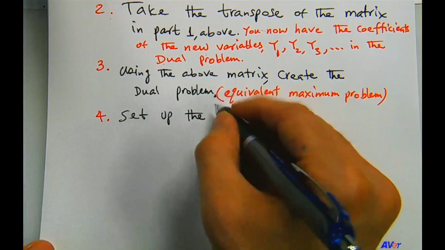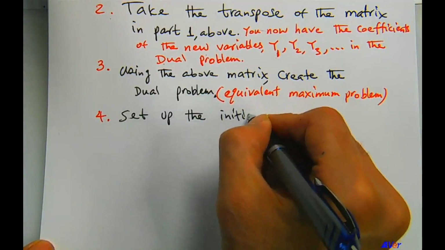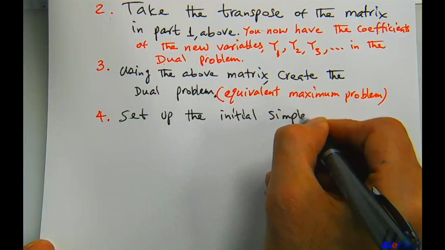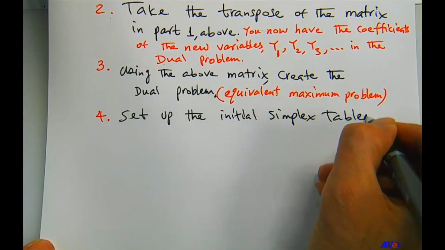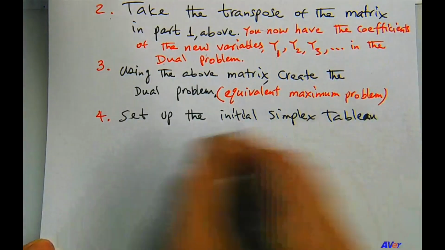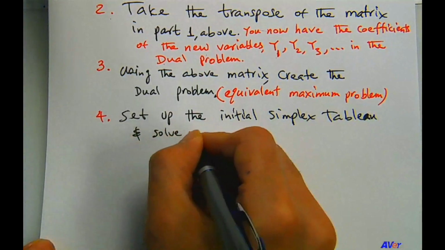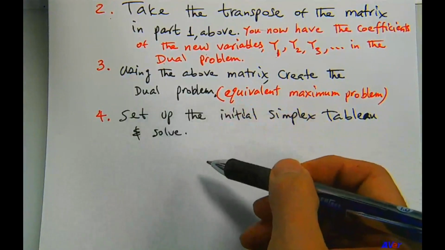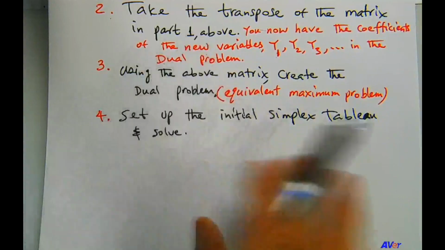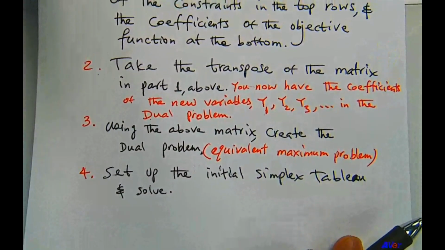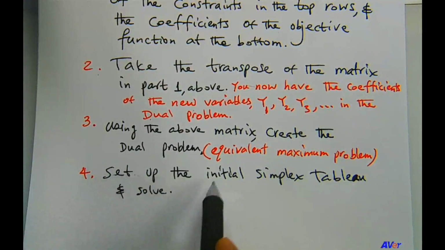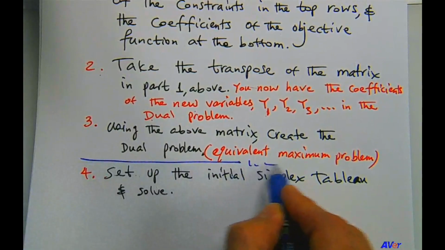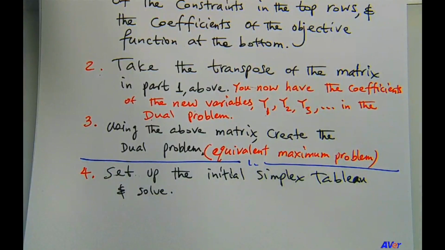Then set up the initial simplex tableau and solve. But that will be part of solving the dual problem, which at this point we just want to know how to set up. So obtaining the dual problem will end here, in step 3.